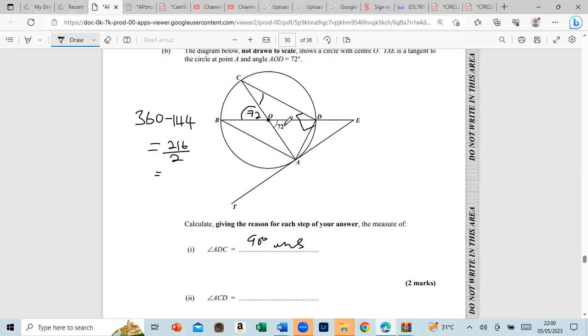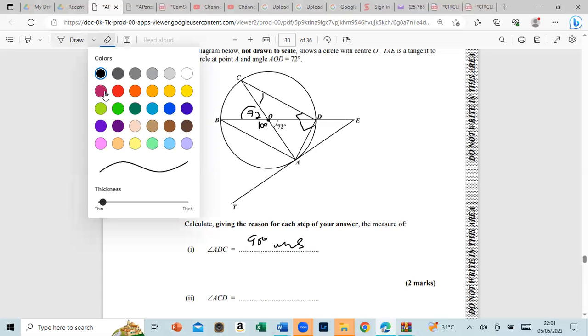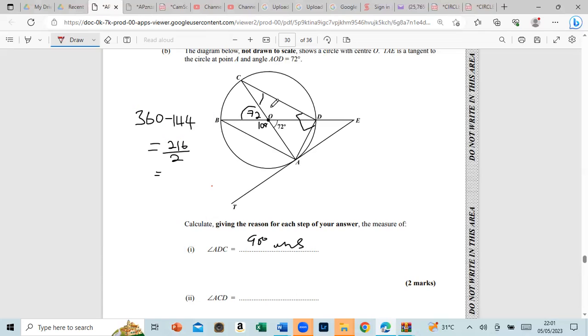We could also use angles on a straight line. This plus this are 180. So this works out to 108.